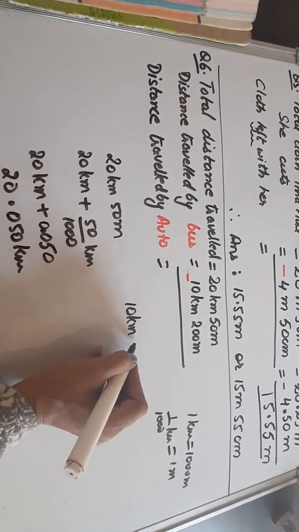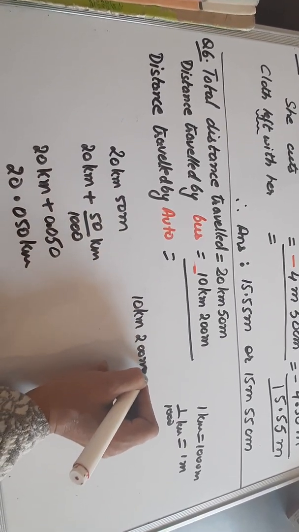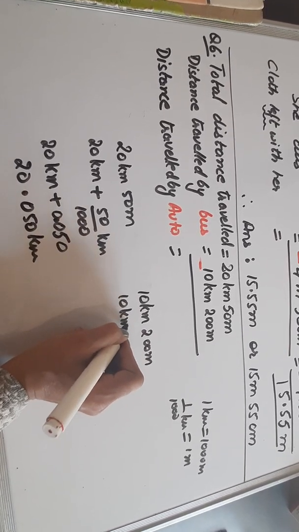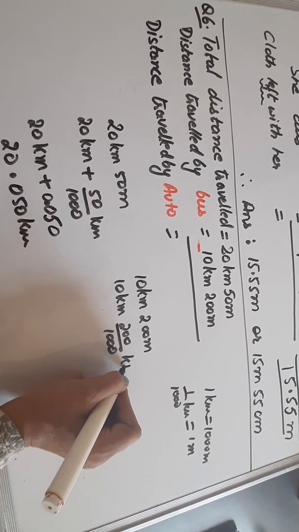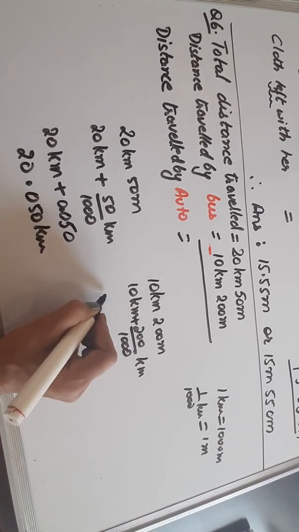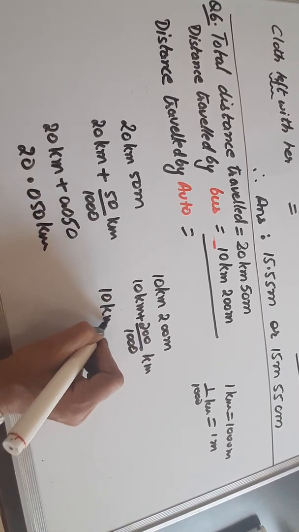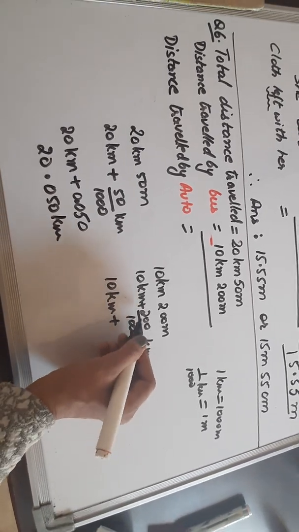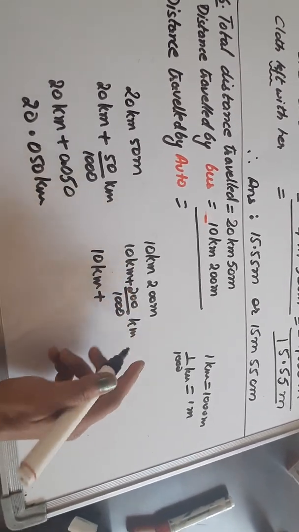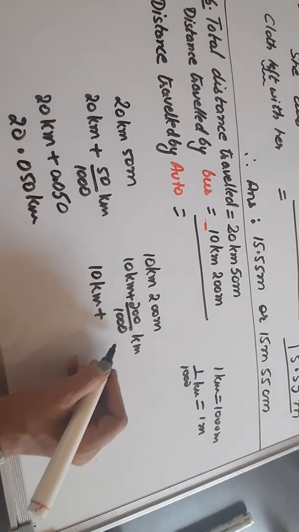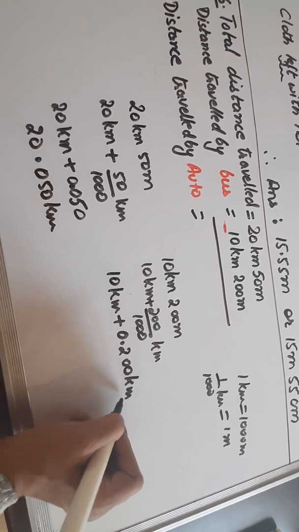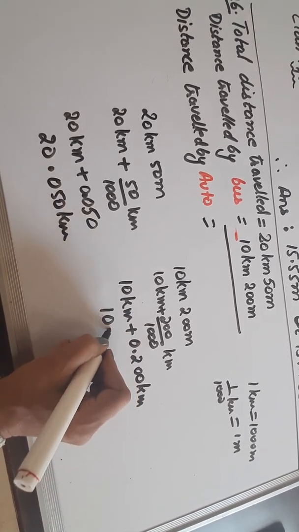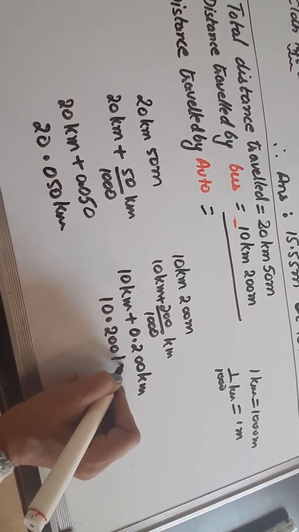Similarly, let us convert this 10 kilometer and 200 meters. To convert 200 meters into kilometers, let us divide it by 1000. So 10 kilometers, and for the 3 zeros of 1000, let us leave 3 digits to place a decimal. 1 digit, 2 digit, 3 digits. We have all 3 digits, so we'll write it like this. So 10 plus 0 is 10.200 kilometers.